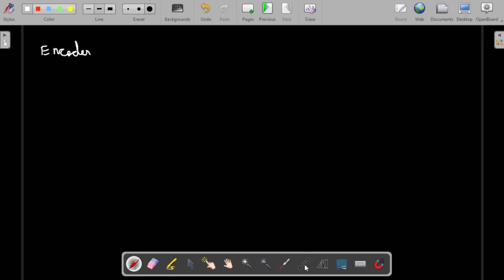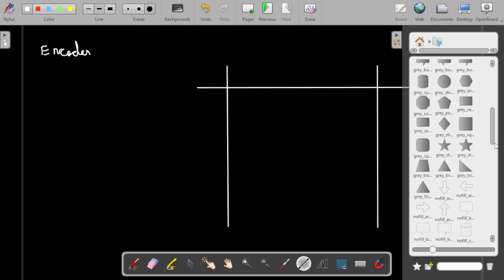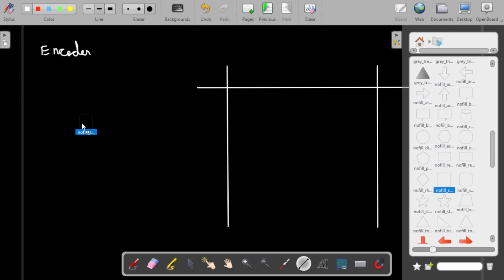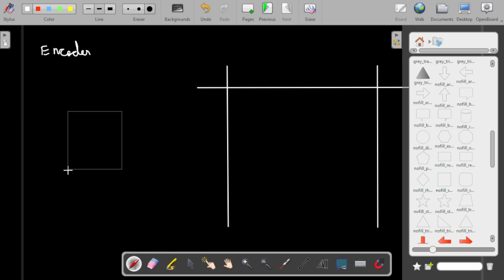Let me draw a truth table. This is for En, this is for the 8 inputs, and this is for the outputs Y0, Y1 and so on. Okay, let me also draw an encoder.